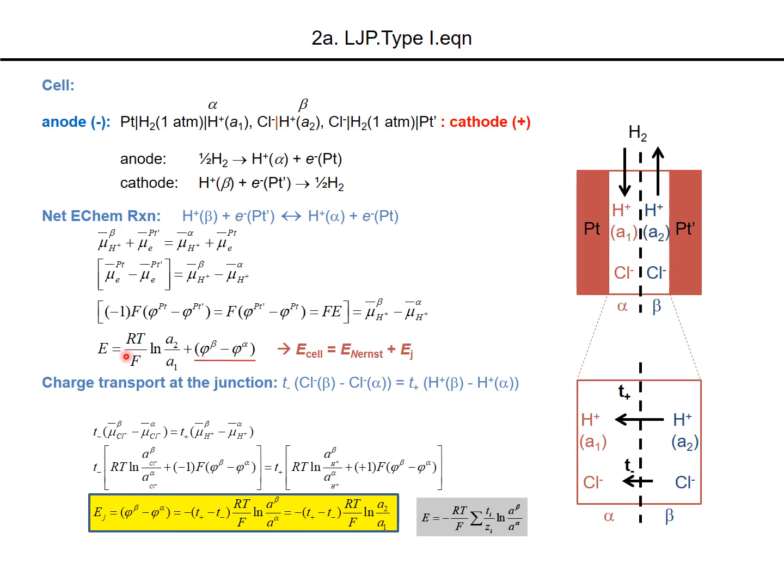But the cell potential is not expected from only the Nernst equation because we have liquid junction potential. So simply I could say the cell potential is the Nernst potential plus the liquid junction potential. Of course, if you don't have any semi-permeable membrane and any difference of the concentration between those 2 phases, the liquid junction potential goes to 0.